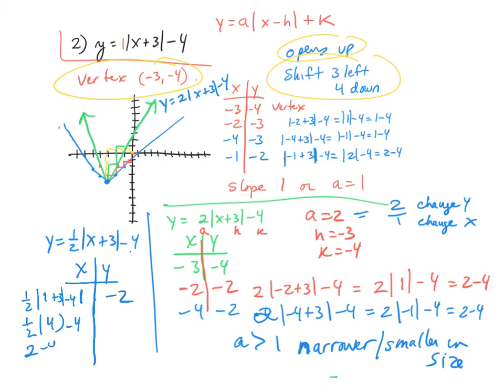So 2 minus 4 gives me that -2, which is what I have here. If I picked 5, no, not 5. We have 4 there.